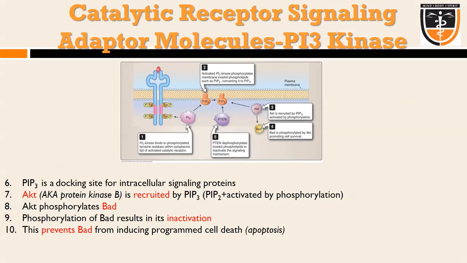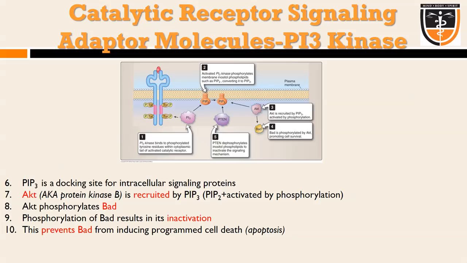Now, PIP3 is a docking site for other intracellular signaling proteins known as AKTs. Okay? They will act on it. So AKTs will bind to this PIP3. AKTs are also known as protein kinase B molecules, and they're recruited by PIP3.